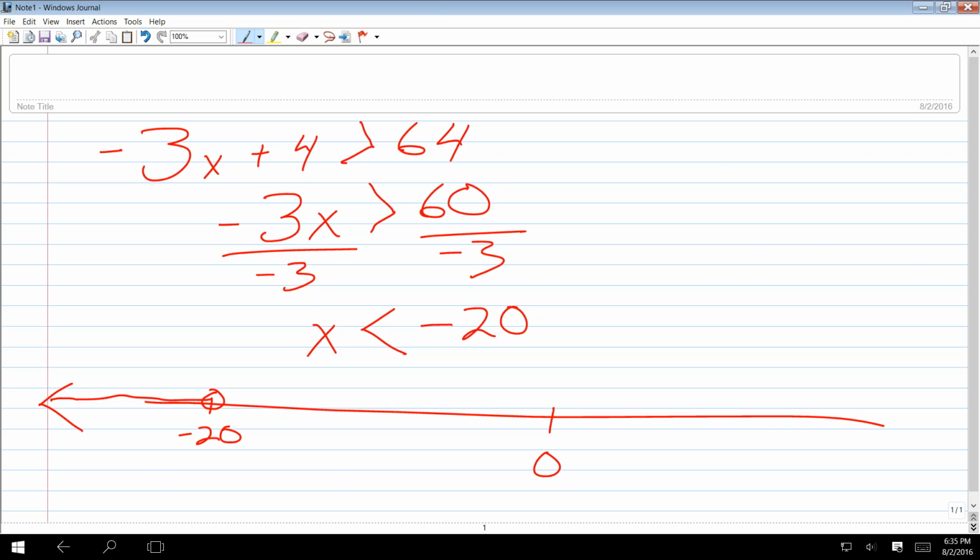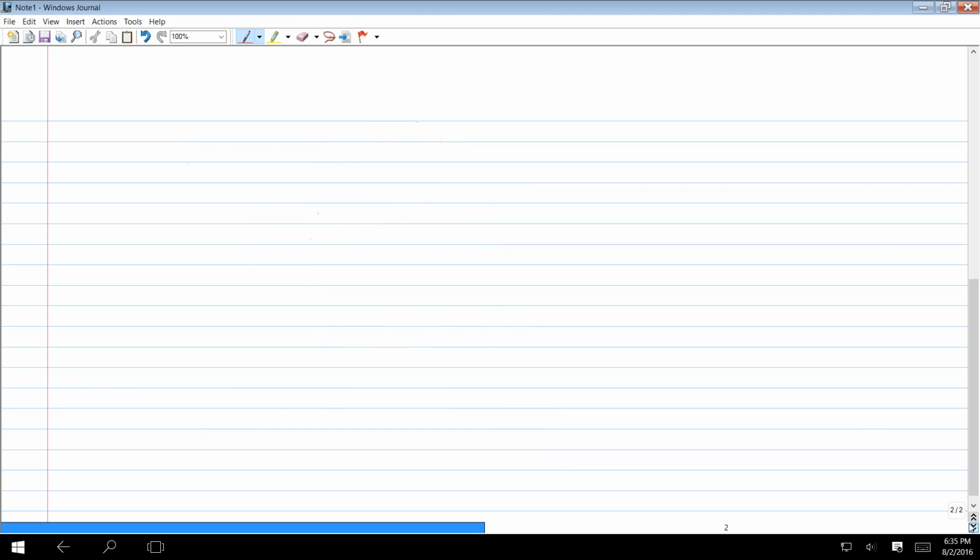So that's the only difference that you're going to have to pay attention to for a while: when you multiply or divide by a negative number, you have to change the direction of the inequality sign. All right, let's do a couple of these.